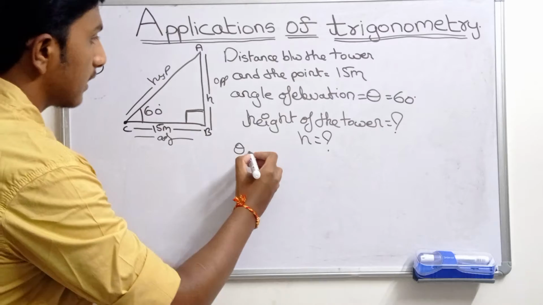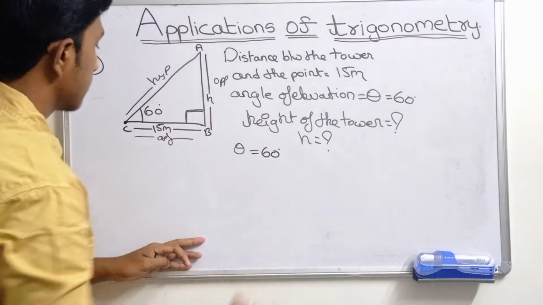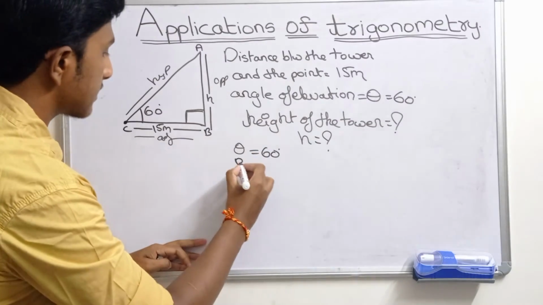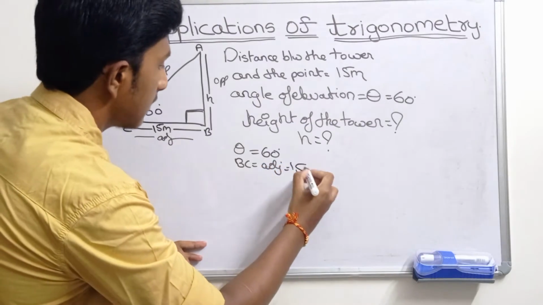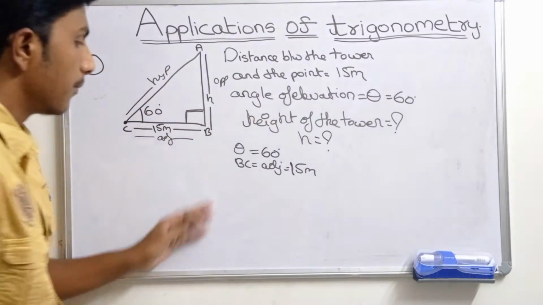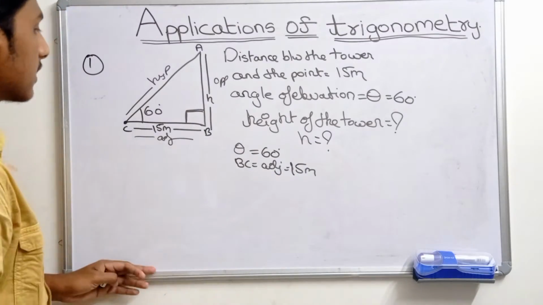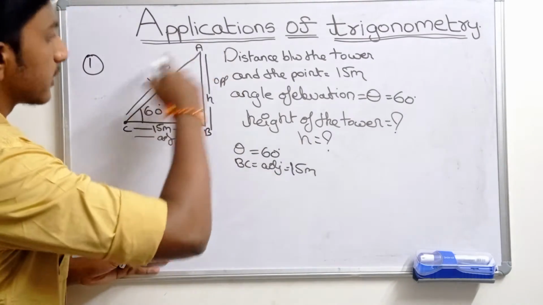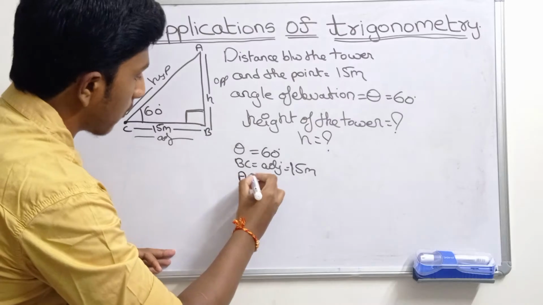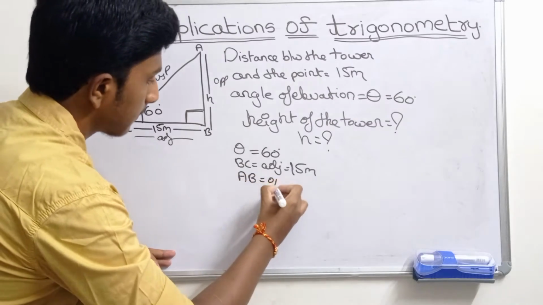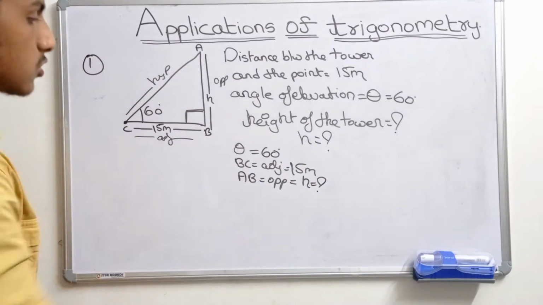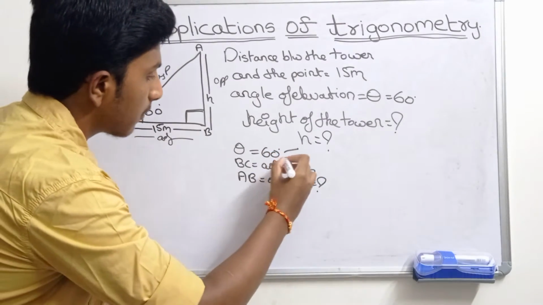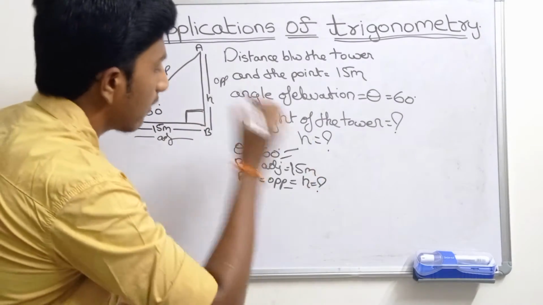So we have angle theta equal to 60 degrees and BC adjacent is equal to 15 meters, and what is needed? Opposite. AB is needed, which is the opposite, that is equal to height h, equal to question mark. So we have the angle, we have the opposite side, and we have the adjacent side.